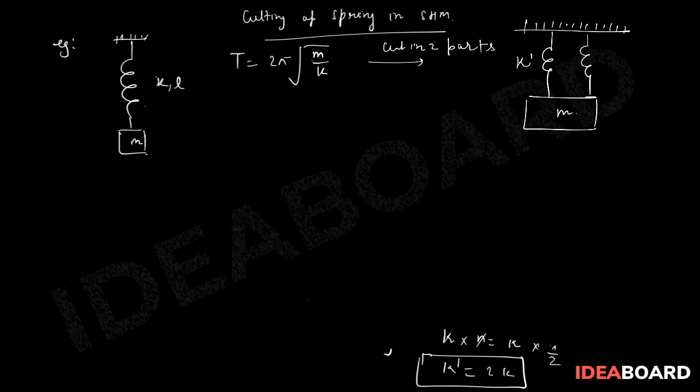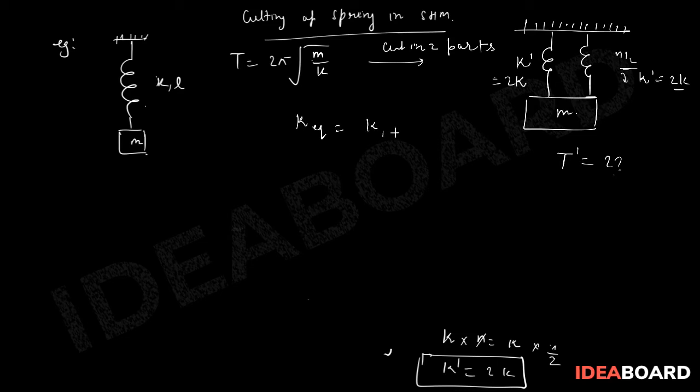In this scenario, let's say time period is T dash. Can we find the value of T dash in terms of T? So yes, we can find, because we have seen that this spring was having a spring constant 2K. Obviously the other part was also having n by 2 turns, so this will also have the spring constant 2K itself.